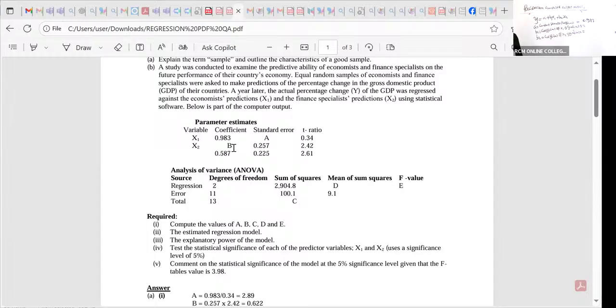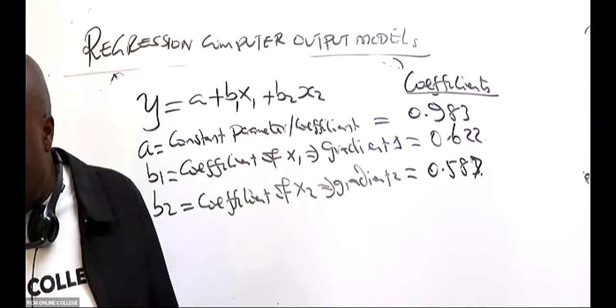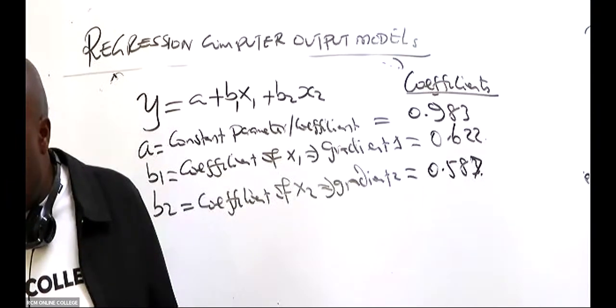For x it is 0.587. But the value of b, you have to give it to me. Remember, where am I reading this from? The coefficients. So the b value that you got is 0.622. Thank you so much. So please, online students, ensure that you are able to copy whatever we have on the board.